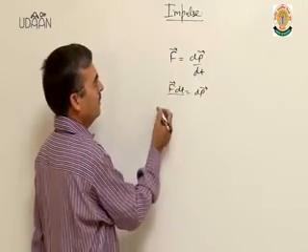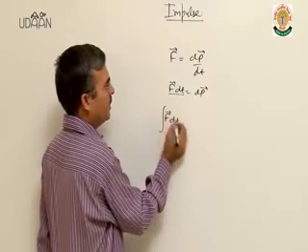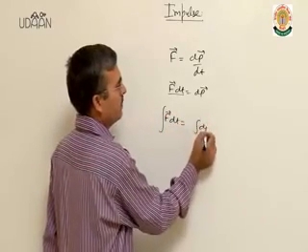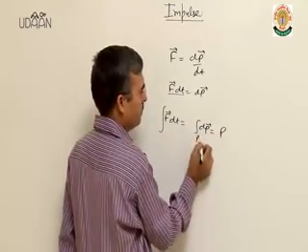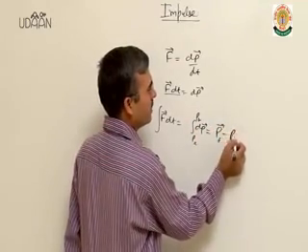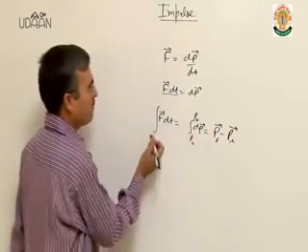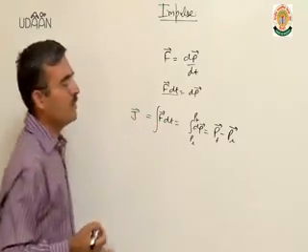If it is variable, then the integration of it, that is dp vector, p final vector minus p initial vector, is denoted by the symbol J vector.